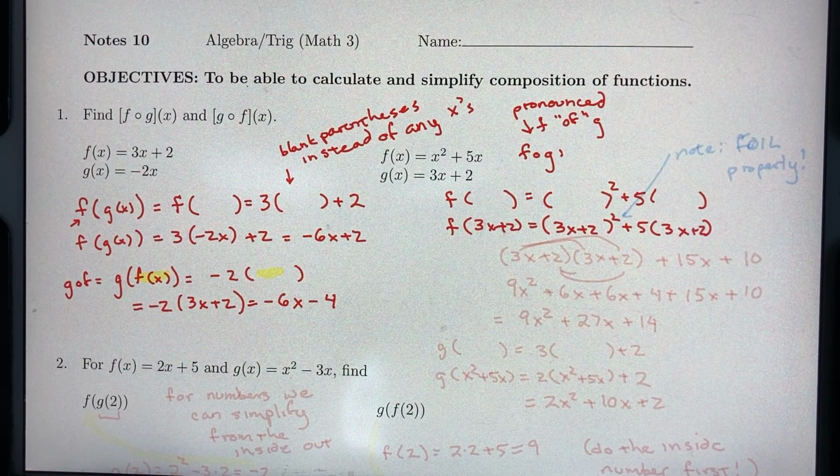Now to simplify this, be careful. When we simplify 3x plus 2 squared, let me do this in several steps. I'll just write 3x plus 2 times itself. You can't distribute the squaring. FOIL properly.